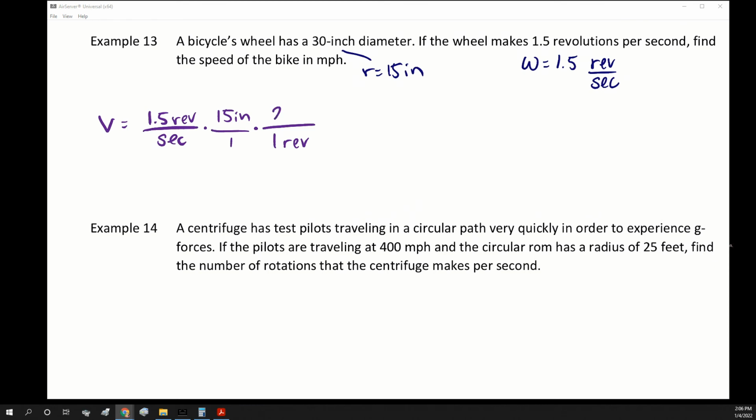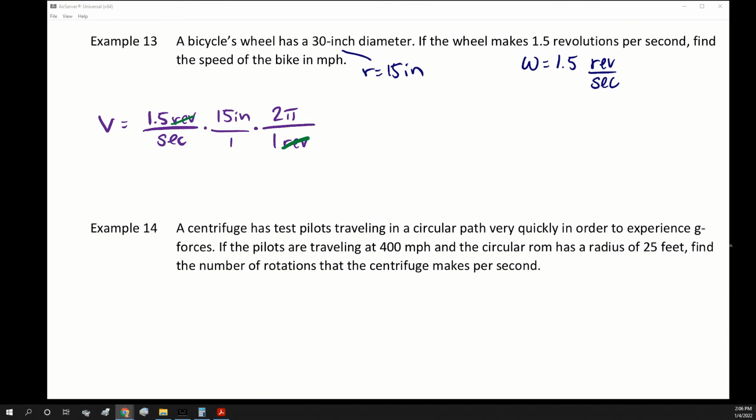It's 2 pi. All right, that's what we wanted. So now these revolutions cancel. You now have inches per second. If they wanted you to give the answer in inches per second, you would. But we don't. We want miles per hour.